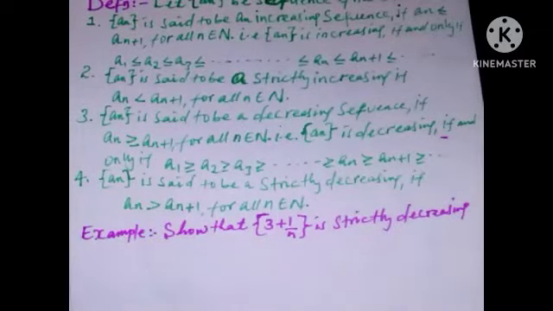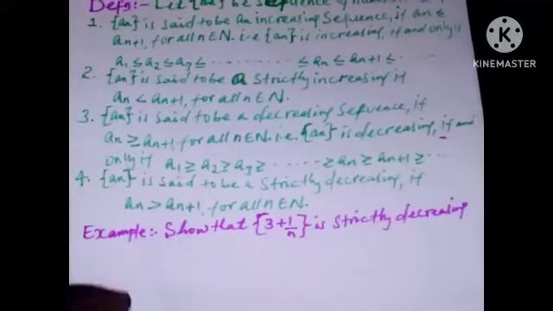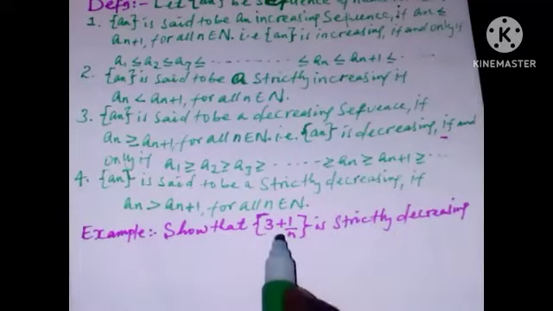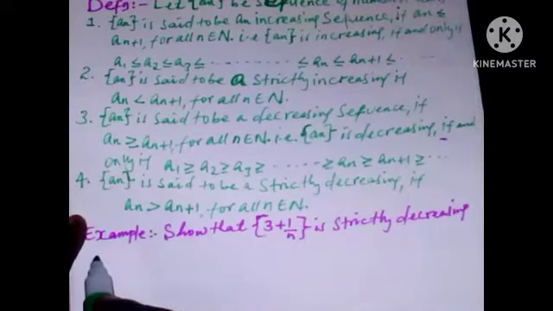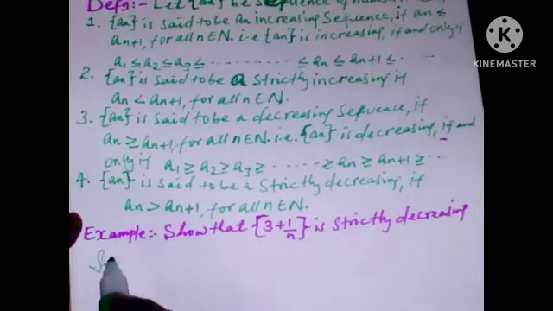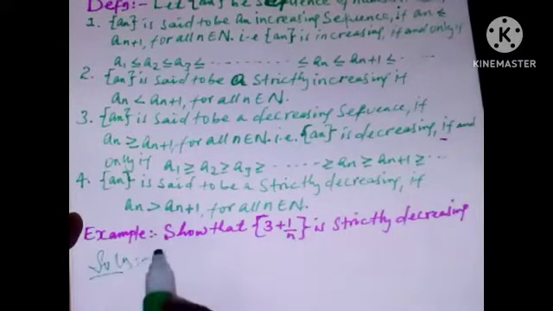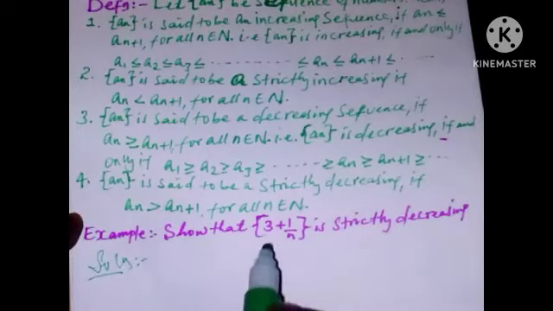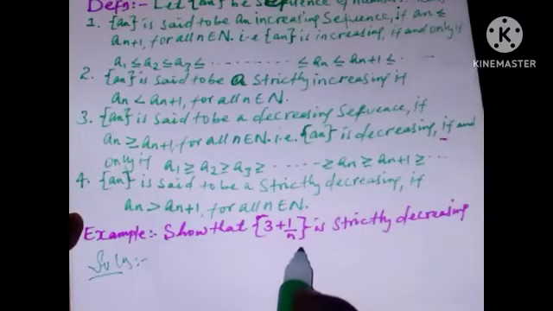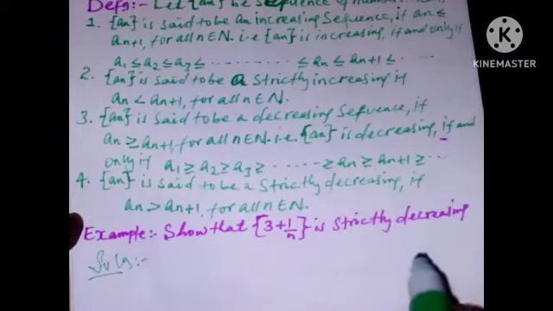Okay, the example says: show that (3 plus 1 over n) is strictly decreasing. Solution: if you have a sequence like this, what you need to do is substitute n with numbers starting from 1 up to infinity.